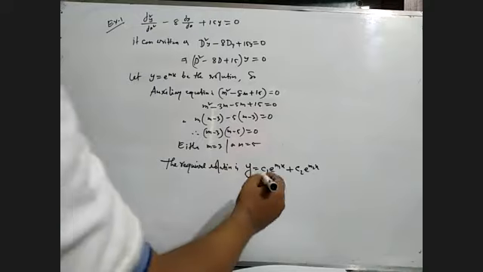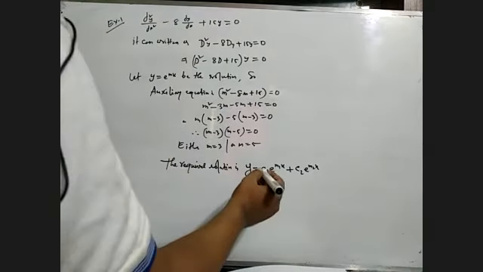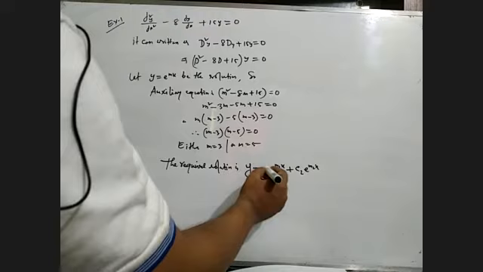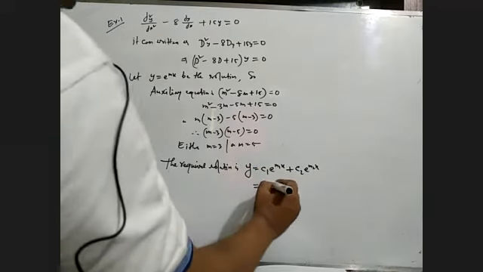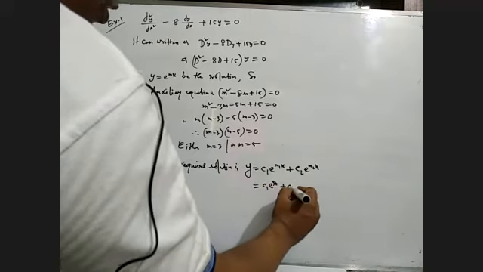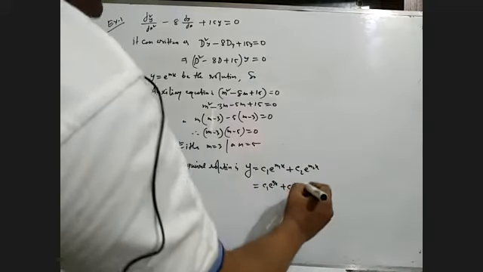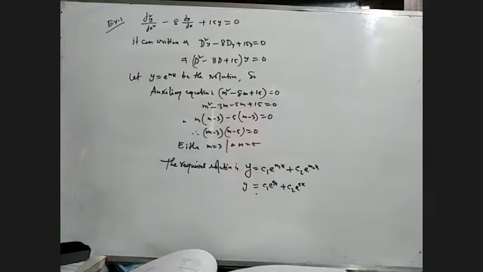This is the standard form of the solution for a second order homogeneous linear equation. So c1 is the first constant, e to the power m1, where m1 is 3, and c2 e to the power m2, where m2 is 5. This is the required solution.